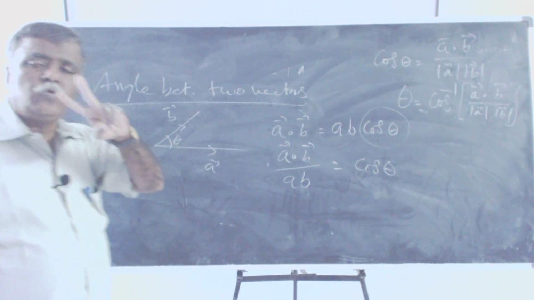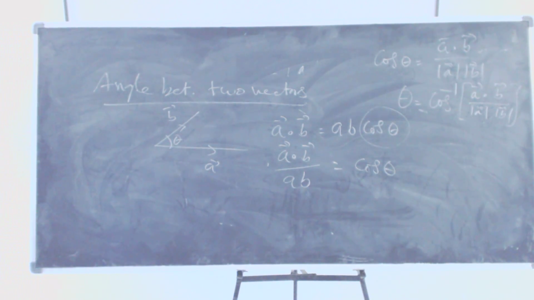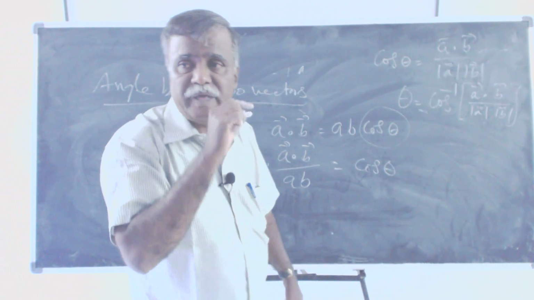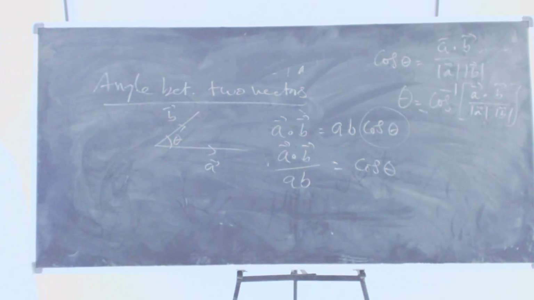So if you are given two vectors and the question is to find the angle between them, first thing you have to find is a dot b, then only mod a and mod b. Why am I telling you to find a dot b first? If I find a dot b and it is found to be 0, I can stop the problem. You need not find mod a and mod b, because a dot b equal to 0 implies they are perpendicular.